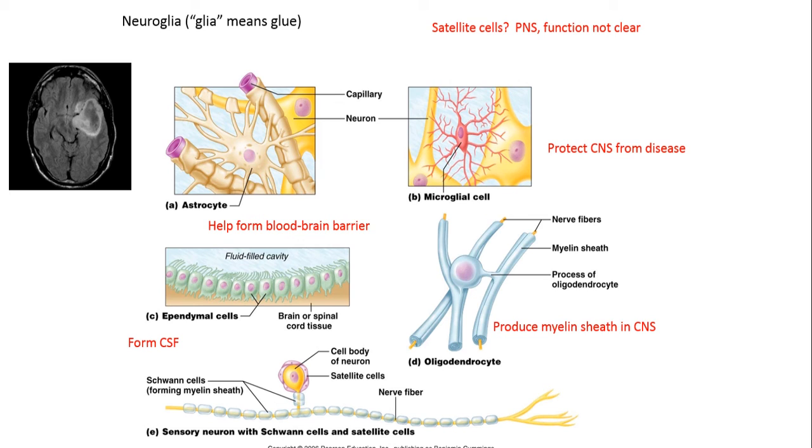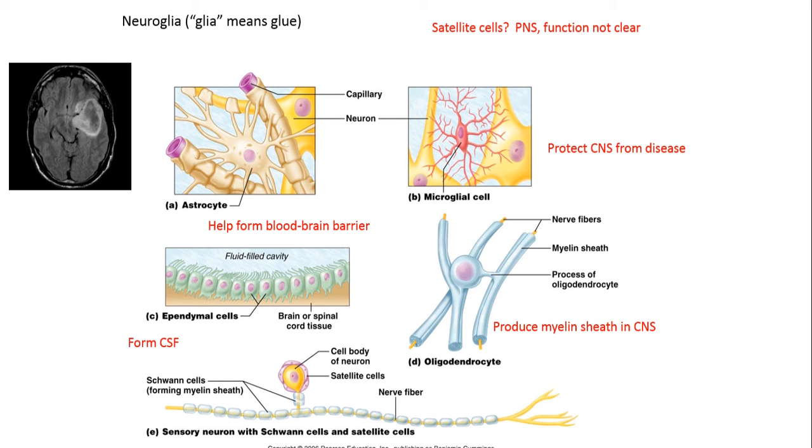For now, you can think of it as a nourishing fluid and a protecting fluid. And then we have astrocytes here. Astrocytes help form what's called the blood-brain barrier. As we get further into the central nervous system, you'll realize that a lot of things cannot travel from the blood into the brain. We don't want all of the crap that's floating through your bloodstream to end up in your brain.